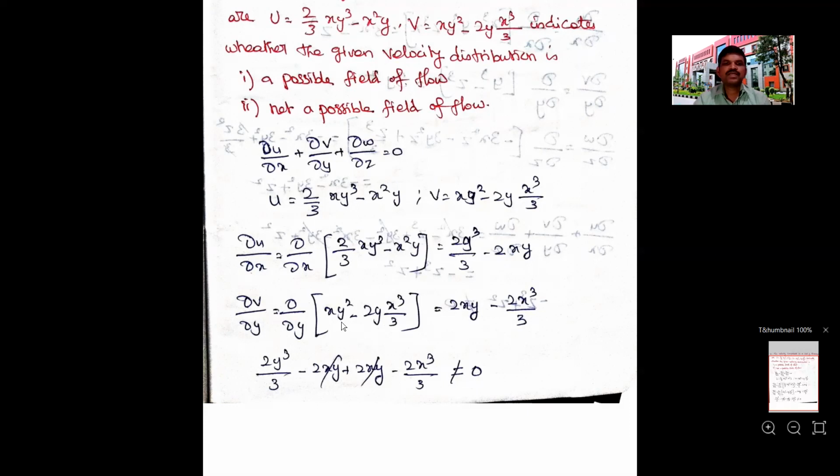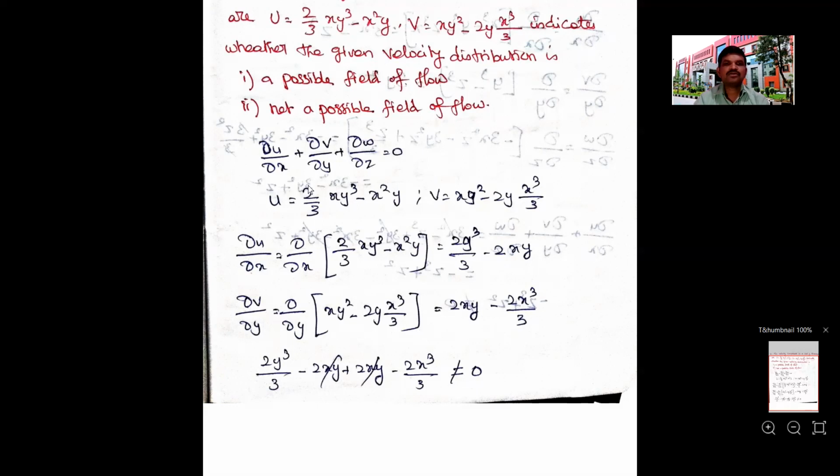Differentiating with respect to y: y square gives 2y, so 2xy, minus, here only one y is there, so the partial differentiation of y is 1, so 2x cube divided by 3.